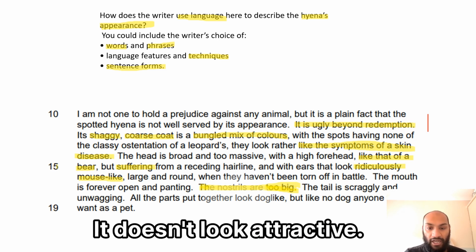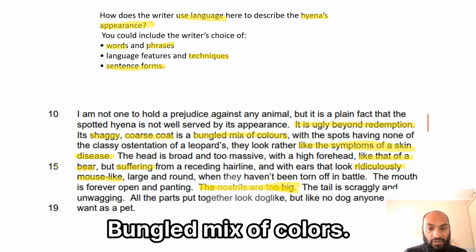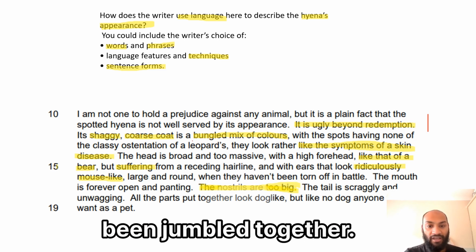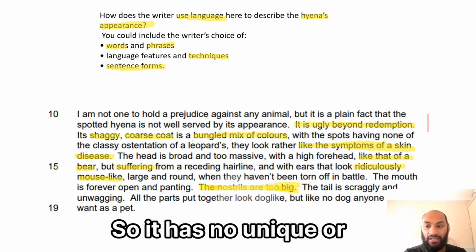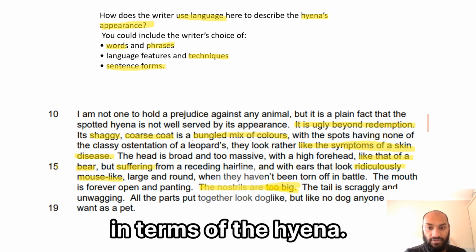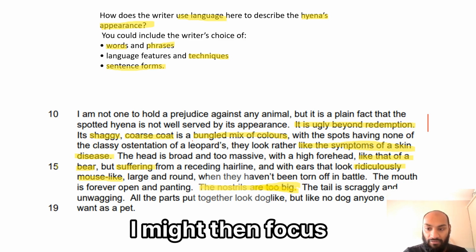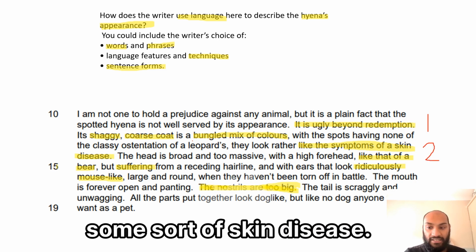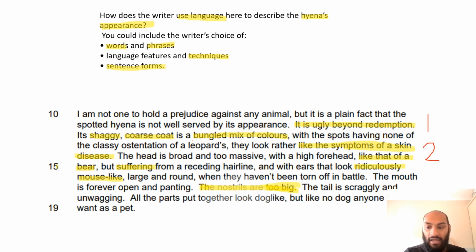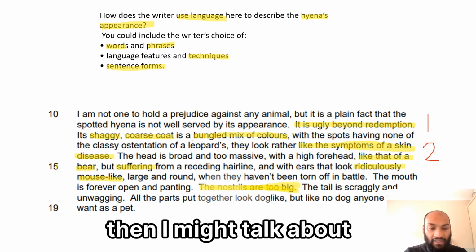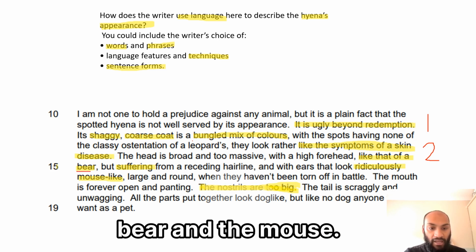It doesn't look attractive. Bungled mix of colors is this idea that all of these colors have just been jumbled together. So it has no unique or distinct beauty in terms of the hyena. I might then focus on how the hyena is presented as having some sort of skin disease, it's despised. The writer seems to be very critical of the hyena. Then I might talk about the animal imagery of the bear and the mouse.